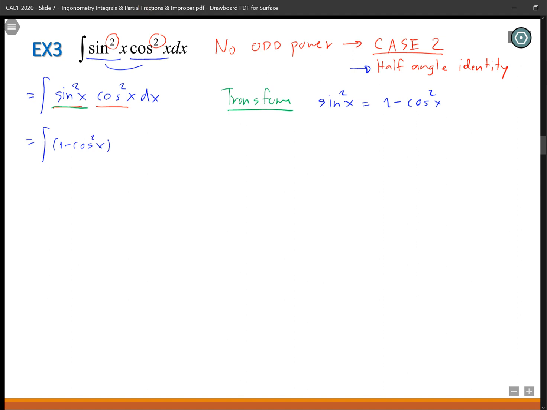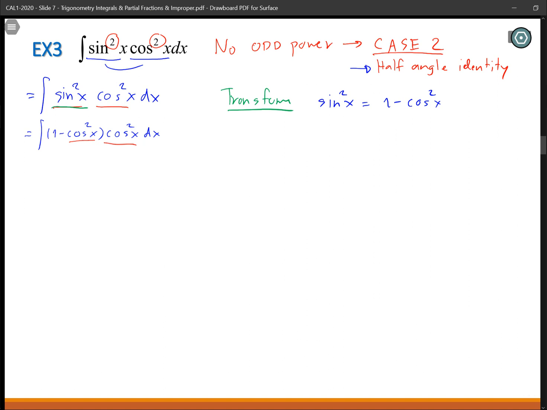Alright, and this, oh, I need a lot of space here, so I need to save some space. Let me write this again. Okay, this is going to be equal to the integration of 1 minus cosine of x squared, times cosine of x squared. As you can see here, at this point we only have cosine in our integral.